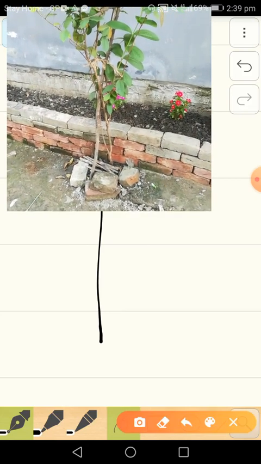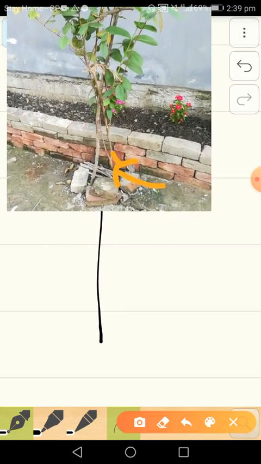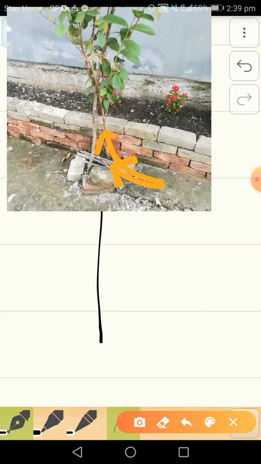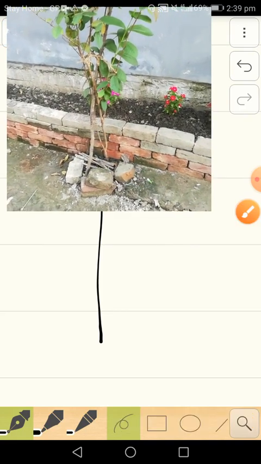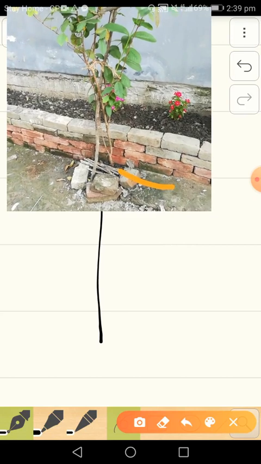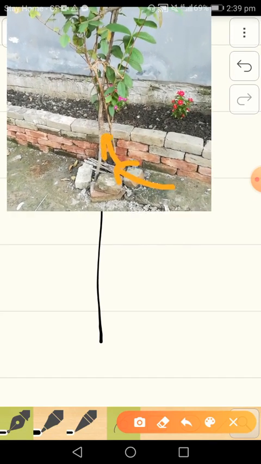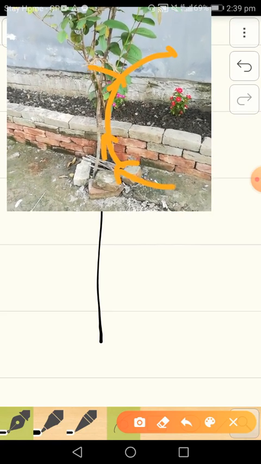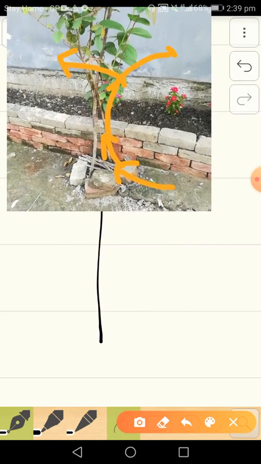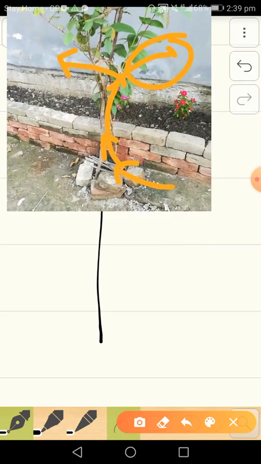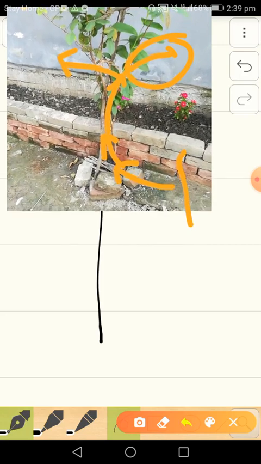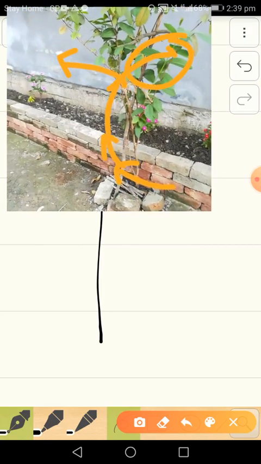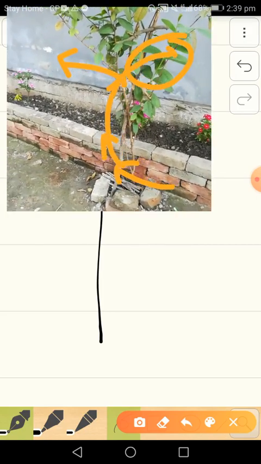From the soil the water goes to the roots, from the roots it goes to the stem, from the stem it goes to the leaves, and from the leaves it is evaporated outside. This loss of water to the outside of the leaf is known as transpiration.